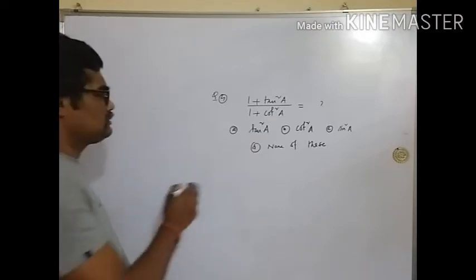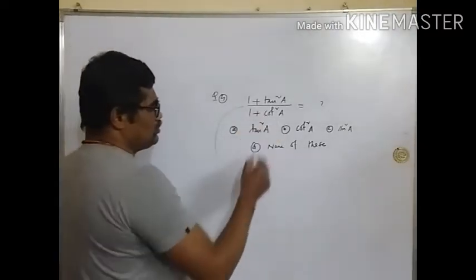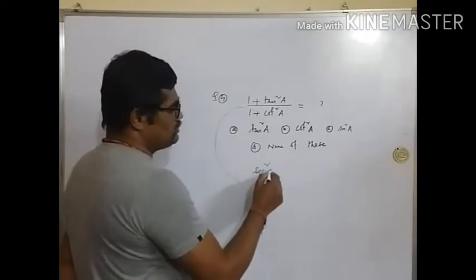Very easy. Think about the formula. 1 plus tan square a will be sec square a.